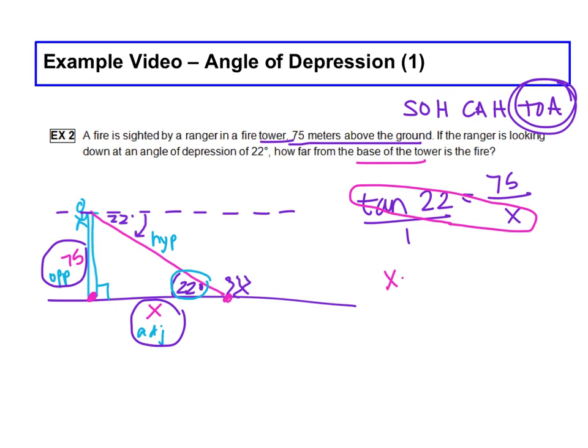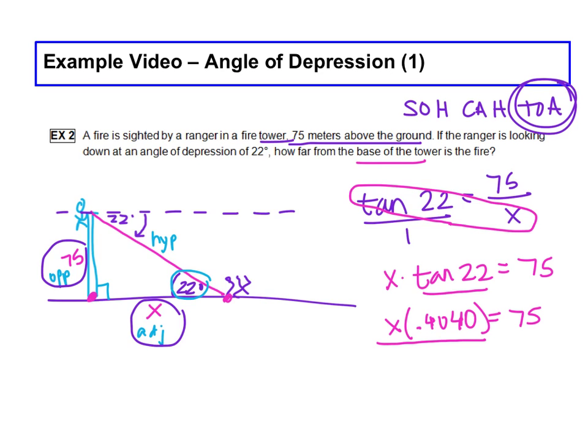So we have x times the tangent of 22 is equal to 75. We can use our calculator to figure out what the tangent of 22 is. Remember, we're going to round that to 4 decimal places. So it's going to be x times 0.4040, and then we keep solving for x.